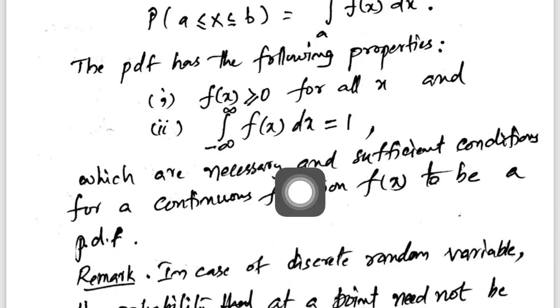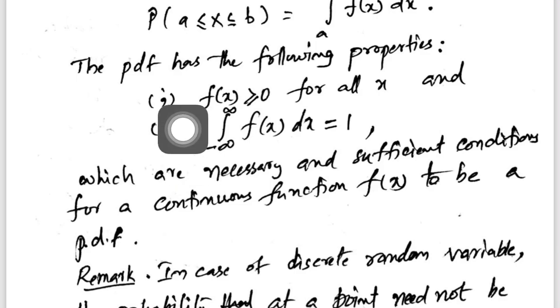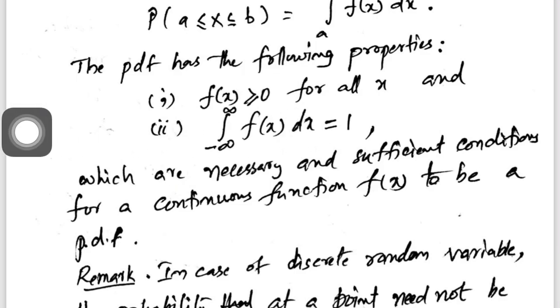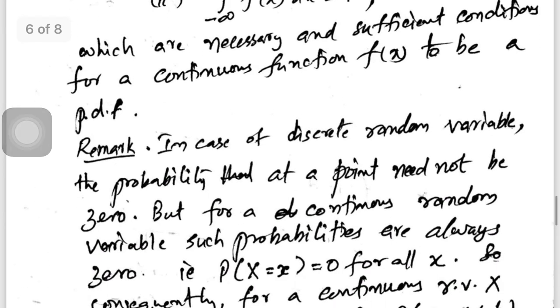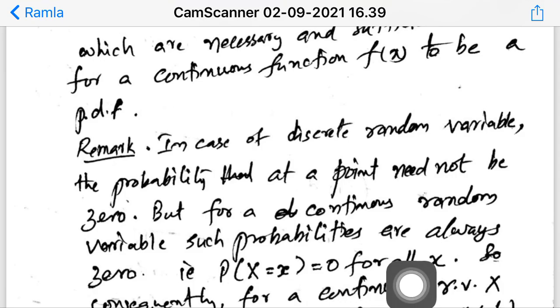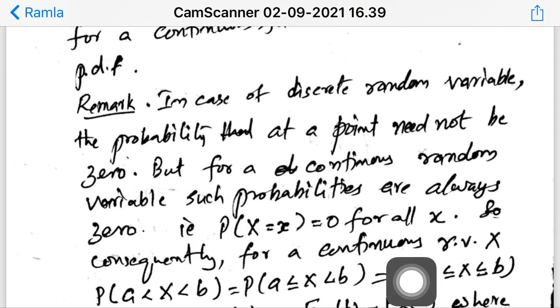Okay, so for checking whether a continuous function is a PDF, you can verify these two conditions, right? And you can see, as I have already told you, the probability that x takes the value small x is equal to 0 for any real number, as I have already argued.